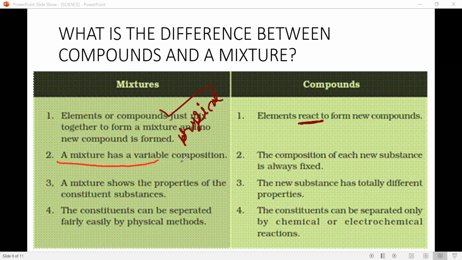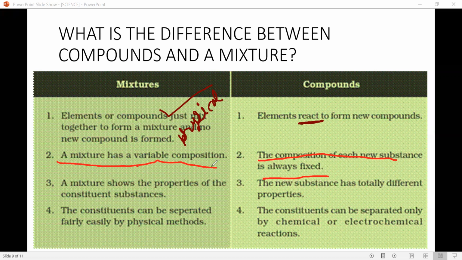Now the second part, let's read that also. A mixture has a variable composition, and the composition of each new substance is always fixed in compounds. Over here, it is trying to tell us that a mixture can be made by mixing together two or more elements in any ratio.